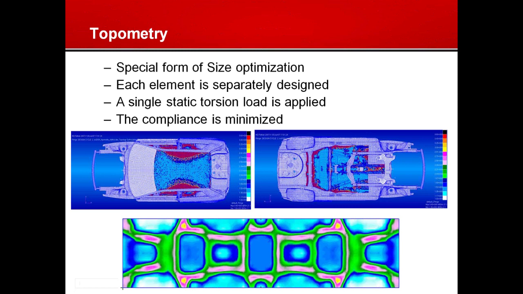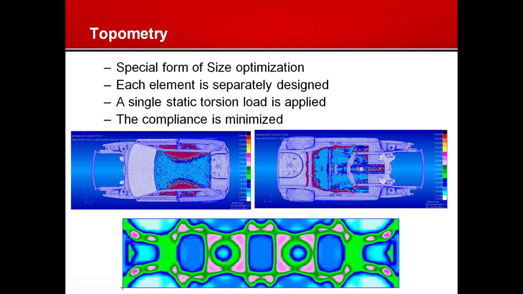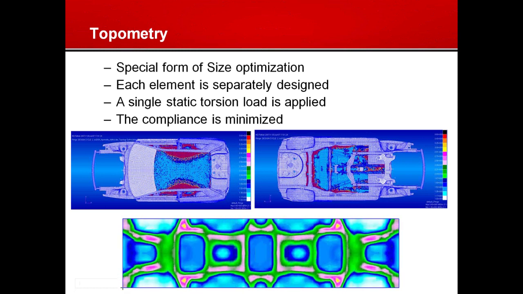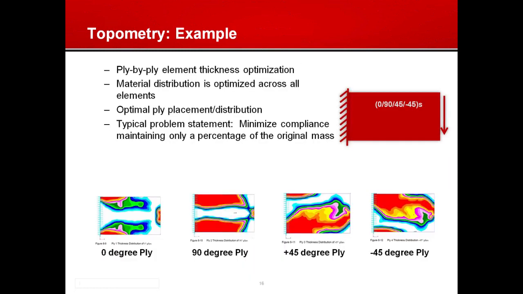It comes up with a design with a continuously varying thickness, basically element by element. So it gives you a good idea of your material distribution to meet your design requirements. You can do that for ply thicknesses as well in a composite analysis, and here's an example of that.